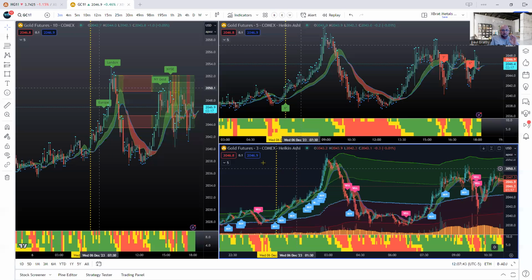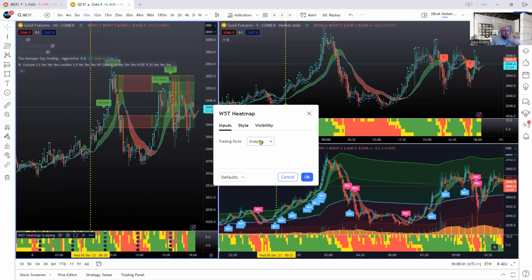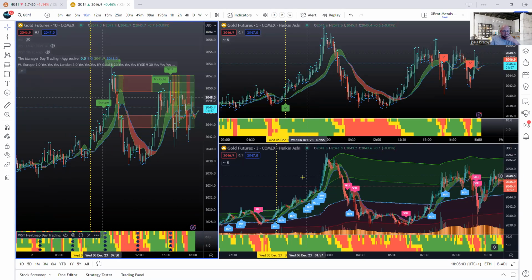On the bottom right, I've got gold futures 3-minute VWAP Predator, and I've also got the buy step heat map on scalping because it's 3 minutes or below. My apologies, the top one is on day trading.